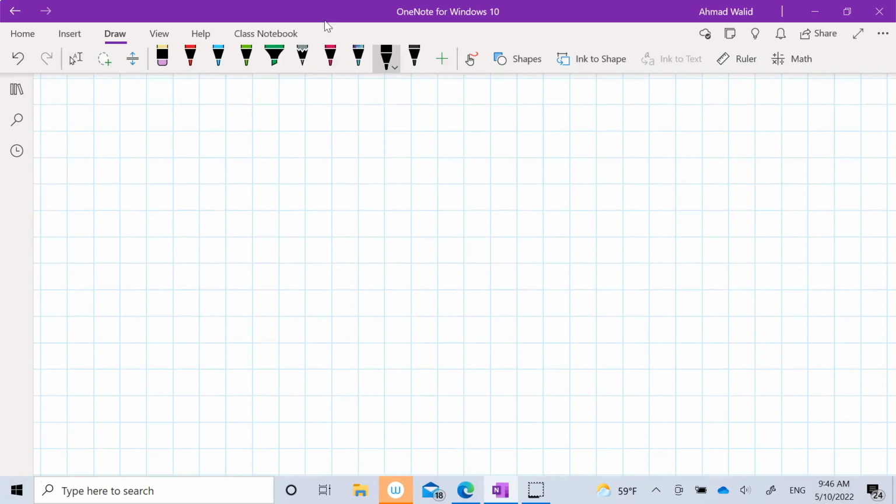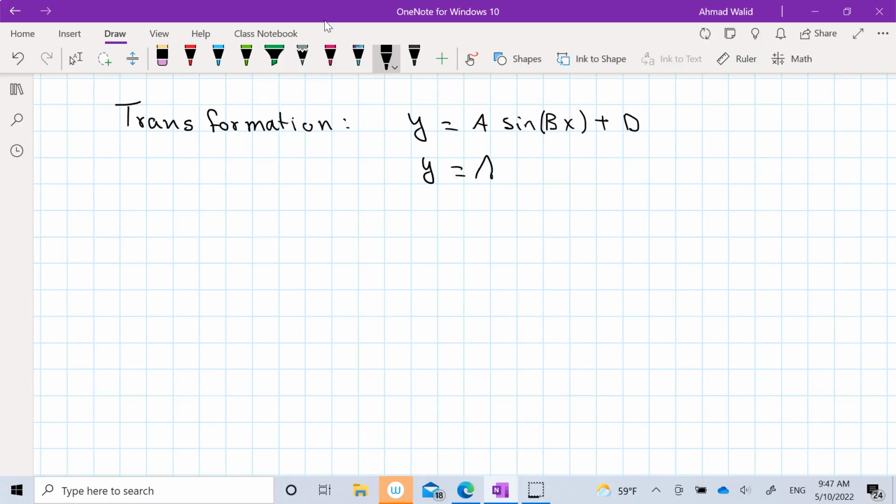Let's talk about transformation, and we will do a lot of examples here. We will now graph y equals a sine bx plus d, or y equals a cosine bx plus d.